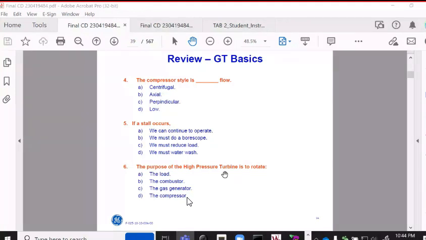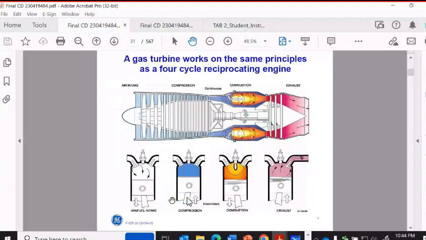The purpose of the high pressure turbine. What are we rotating? The compressor. Remember in that one illustration we saw?